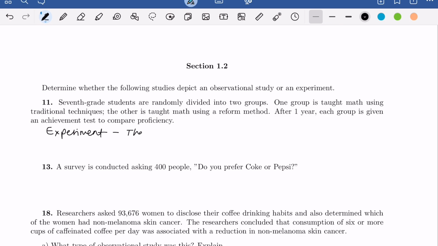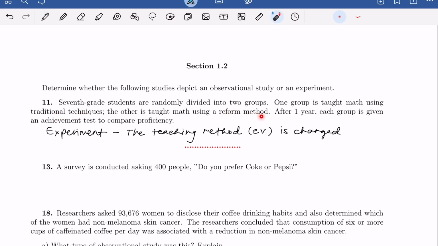So the teaching method, which is going to be our explanatory variable in this case, which I'm just going to abbreviate with this EV here, is changed. So we have multiple teaching methods. We have the traditional techniques and the reform method.